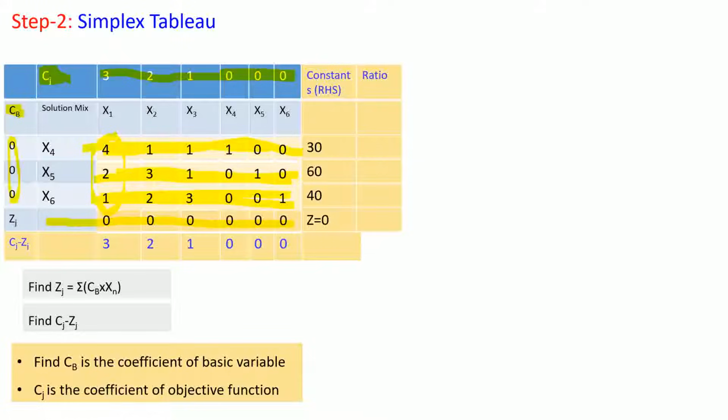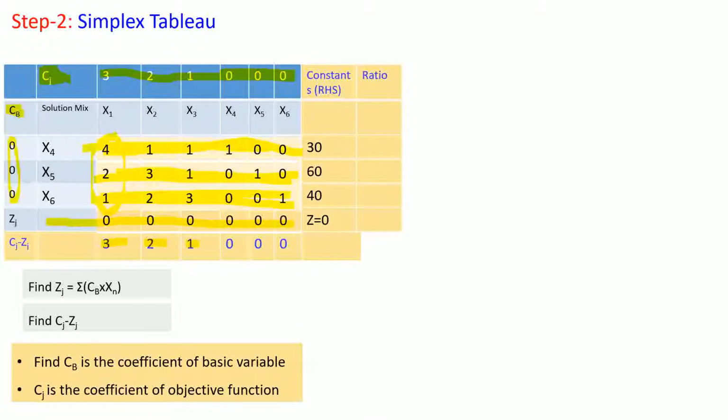As you see, the values 3, 2, 1 are greater than 0, so we cannot arrive at the optimal solution.